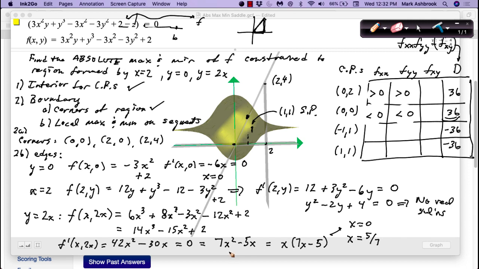What's the second derivative? 14x minus 5. Plug in that value, 5/7, and we ask, is it positive or negative? So this is greater than 0 at 5/7.